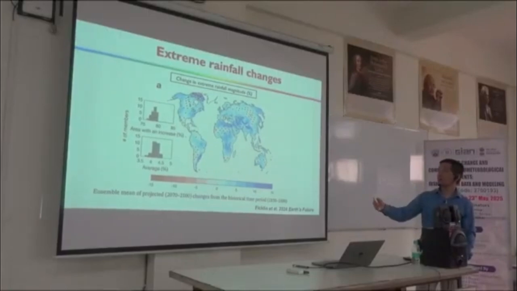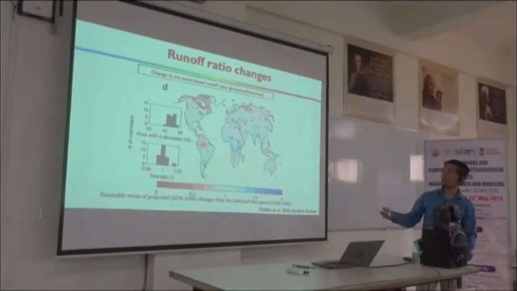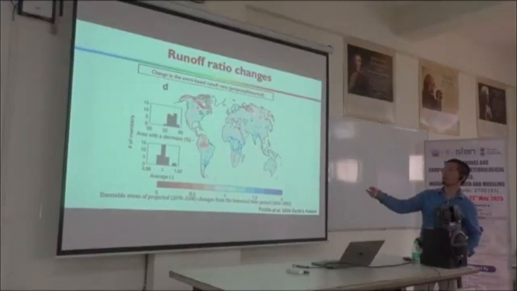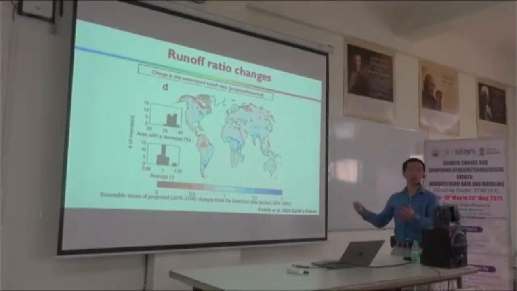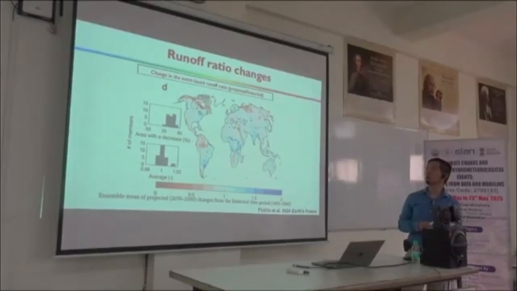Then we look at the runoff ratio, which is actually quite surprising. We found many places have a reduction in runoff ratio. Even though you have higher rainfall events in the future, the runoff ratio is actually lower. There are places with a higher one, but many places actually have a lower runoff ratio.